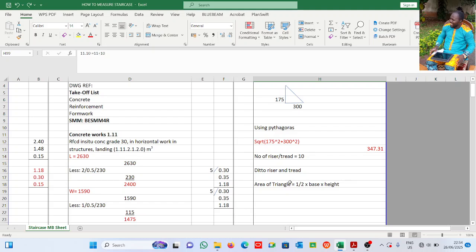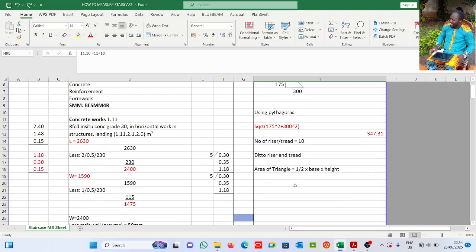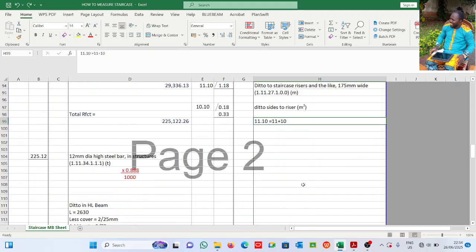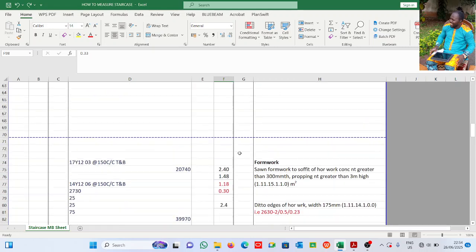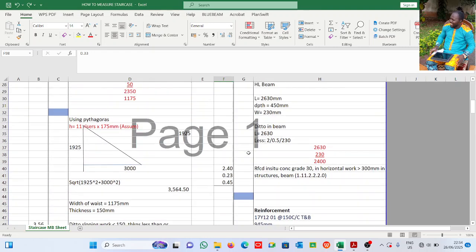The same thing. The slant height 0.35 by the base, which is 0.3. That means, let me come back here. 0.3 is not 0.33. Did I get 0.33 anywhere?